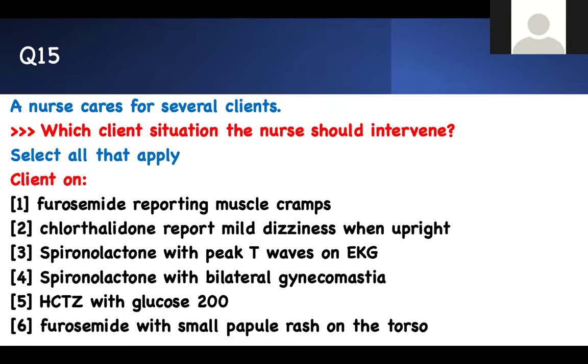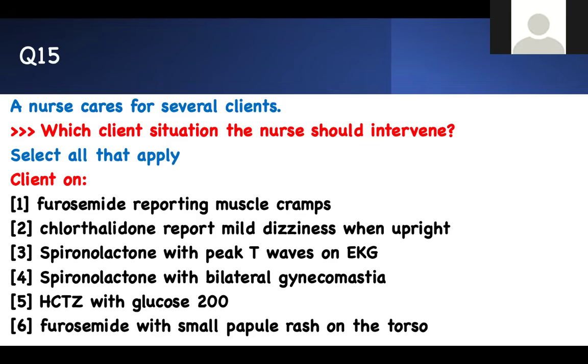Let's break it down. And let's care for several clients, a bunch of them, 6. Which client situation should the nurse intervene? Select all that apply. 1. Client on what? Furosemide, which is what? Loop diuretic, is reporting muscle cramp. Client on chlorothalidone reporting mild dizziness when upright.